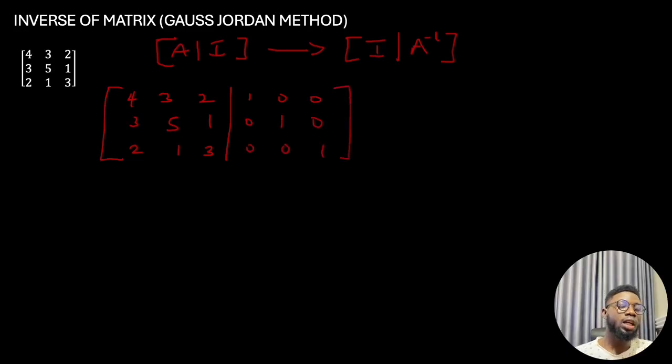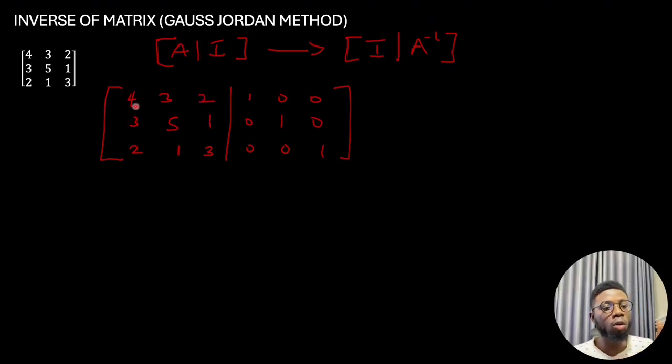Now, the elementary row operations we would be performing would concern some basic elements like these elements right here. We can have 3, 2, and we have 3, 1, and we have 2 and 1.